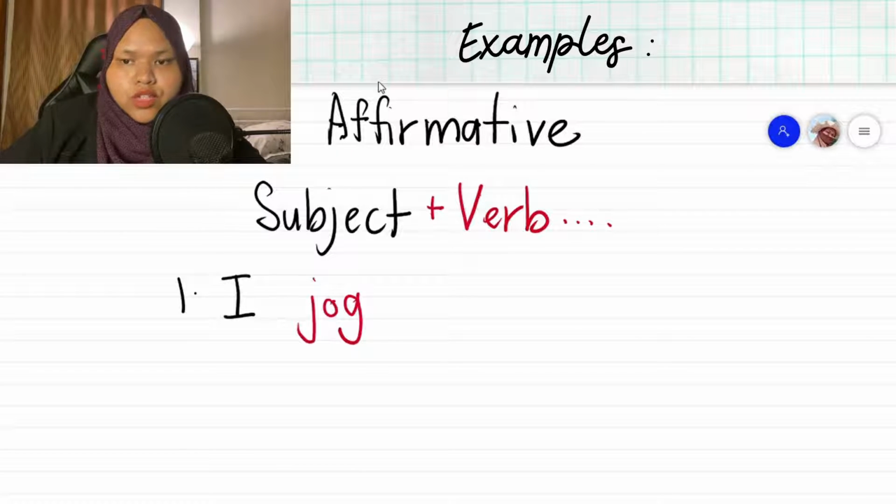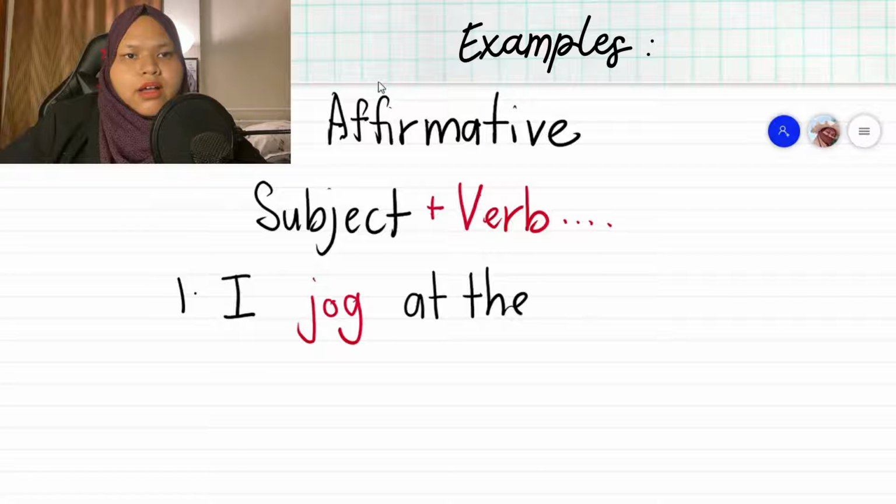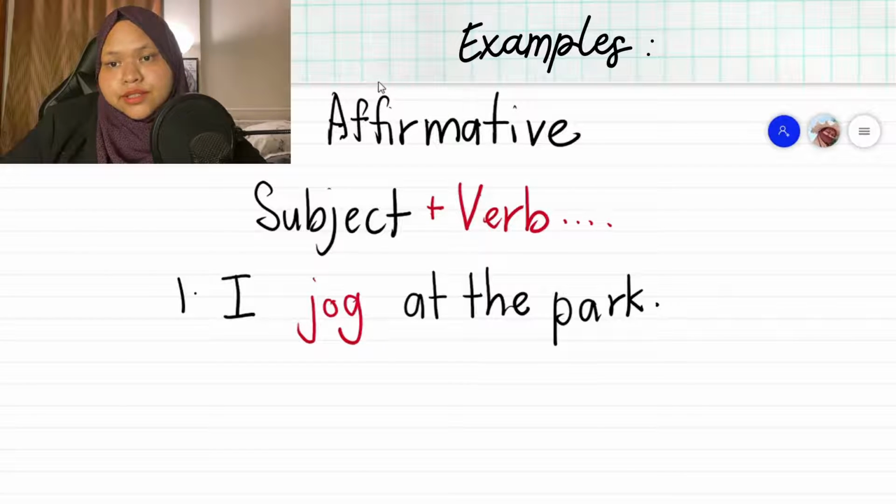Okay, I special. Kalau special kita anggap dia kuat. So kalau dia dah kuat, verb dia lemah, tak perlu S. So I jog, di mana lengkapkan di taman contohnya. I jog at the park. Okay, complete sentence, mengesahkan saya bersenam jogging dekat taman.